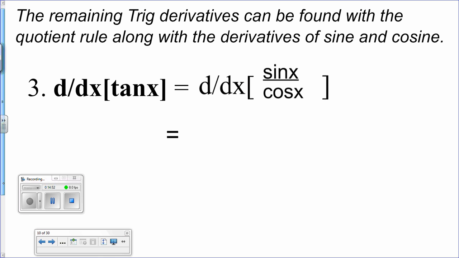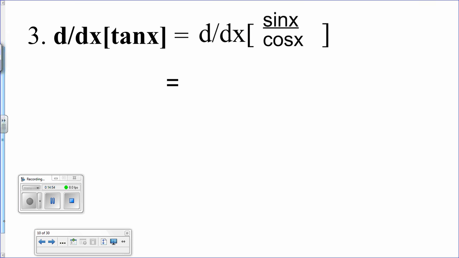So let's say we want to get the derivative of tan x. We have to know that tan x is sine x over cosine x. It's a quotient. So let's use quotient rule. How do we start to find the derivative of a quotient? Where do we start? Below. So we write cosine of x d high. What's the derivative of sine x?